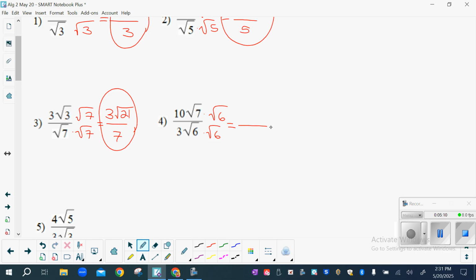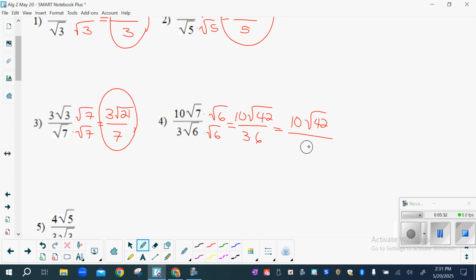Very good. He went right to 18. I'm going to write out the steps, but if you go to 18, that's great. On the top, we're going to take 10 times the square root of 7 times 6, which is 42. And then, as Noah said, 3 times 6 is 18.